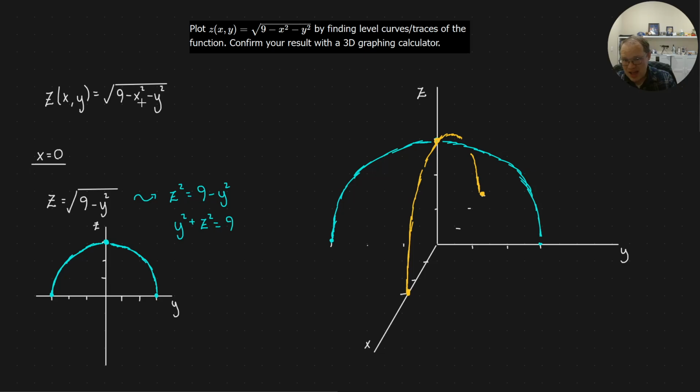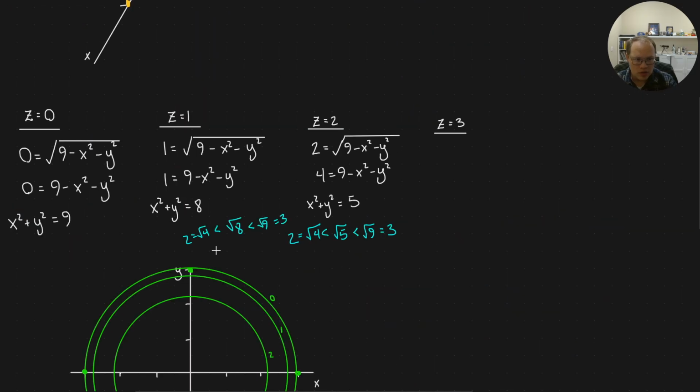Because the x squared and y squared are being subtracted, the best case scenario, the biggest z I could have, is when x and y aren't taking away anything, when x and y are both 0. So the biggest z possible is equal to the square root of 9, or it's 3. So z equals 3 is the biggest I could have.